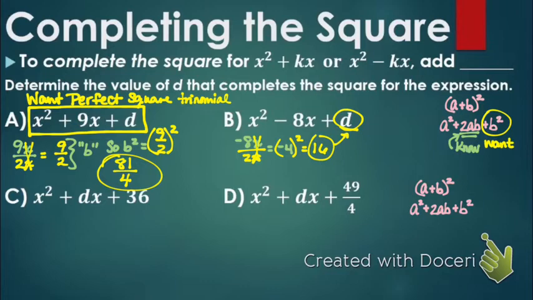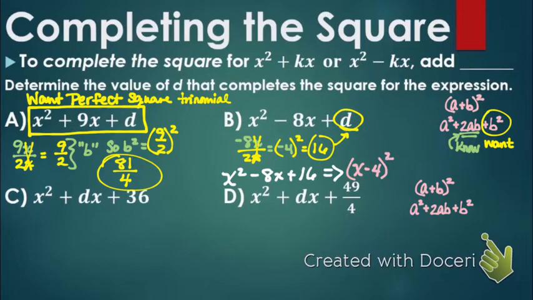If I had 16 in the place of that value for D, x squared minus 8x plus 16, how would that factor then? x minus 4, x minus 4. So we would have x minus 4 whole quantity squared.